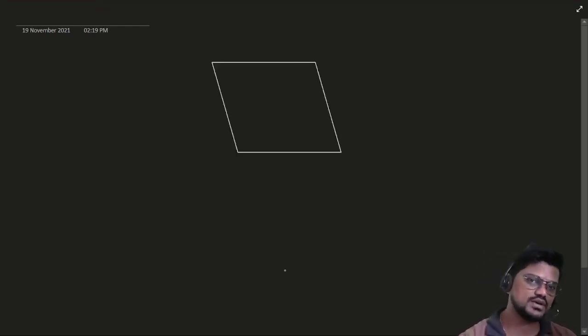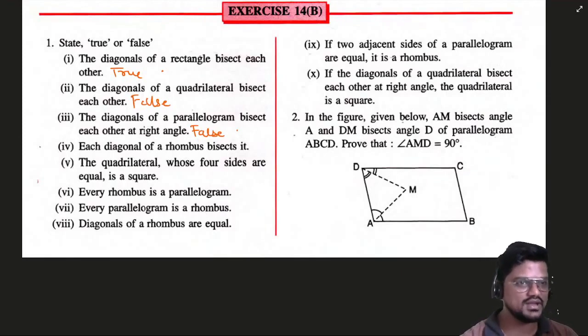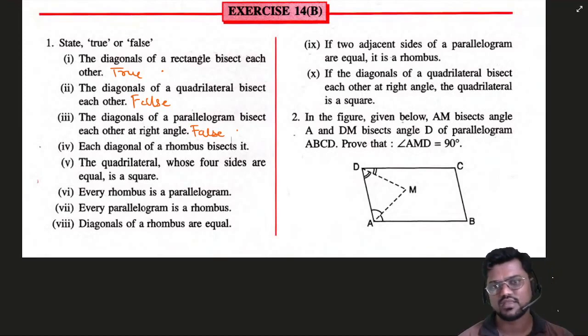But if any one angle is 90 degrees, then all the angles will have to be 90 degrees and it will be a square. Yes, sir, square. So if all the sides are equal and one angle is 90 degrees, it is a square only.